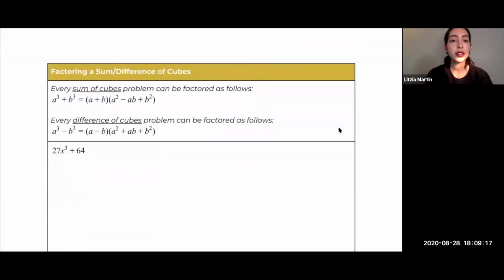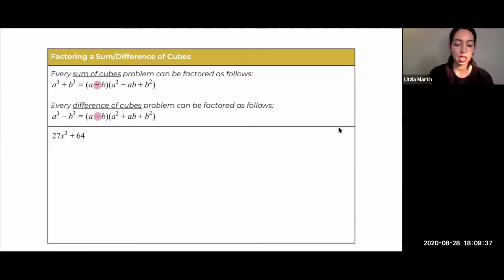Now with squares, we can't do this with a sum. However, with cubes, we can do sum and difference. So this is the pattern that you want to follow for the sum. And actually for both sum and difference, you can always remember this first sign is always the same. So we have the same sign.